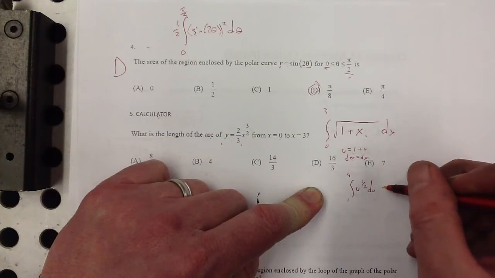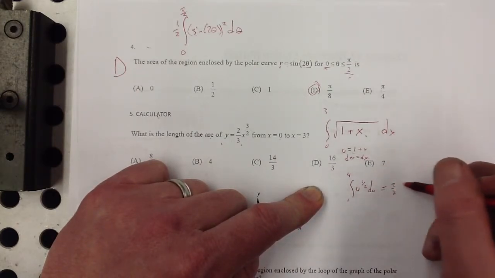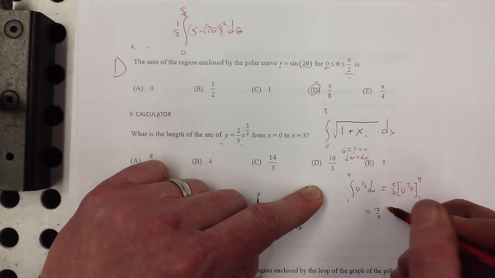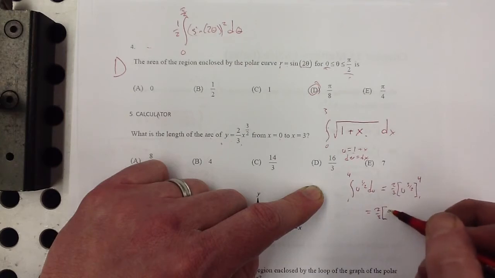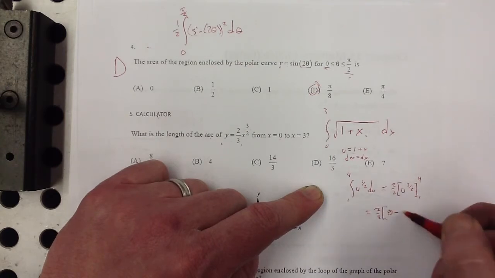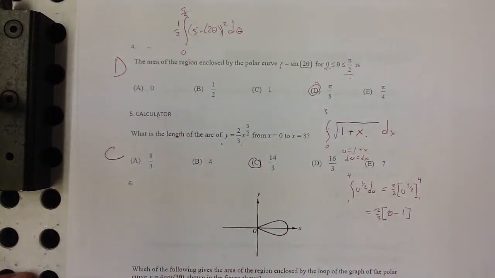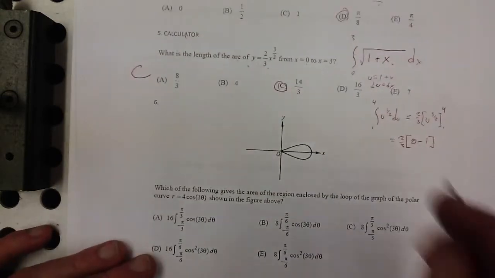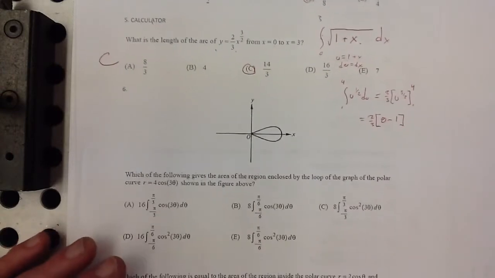So that's equal to, the antiderivative of this is 2/3 u to the 3/2. Remember how to do this? And it's 2/3 times u to the 3/2 is, 4 to the 3/2 is 8, and 1 to the 3/2 is 1, so that's 14/3. All right. Again, sorry if that caused some frustration because I hadn't shown you that yet. That should have been in the notes today.